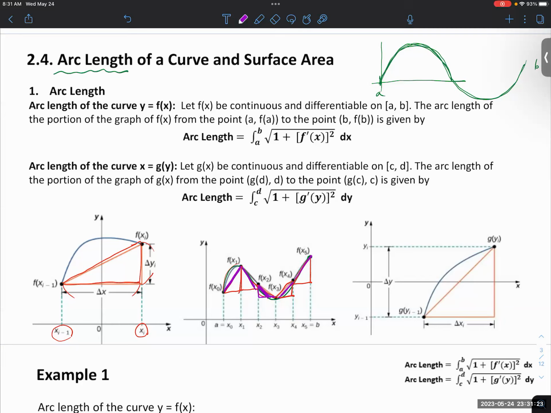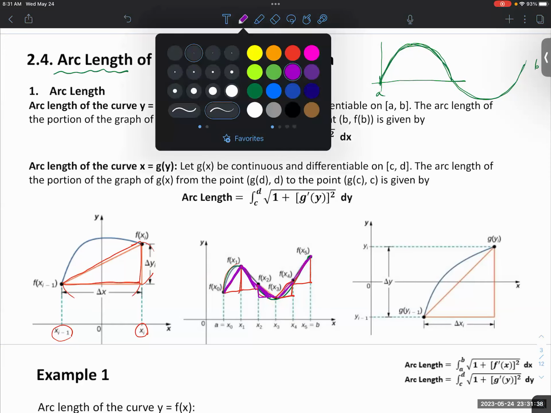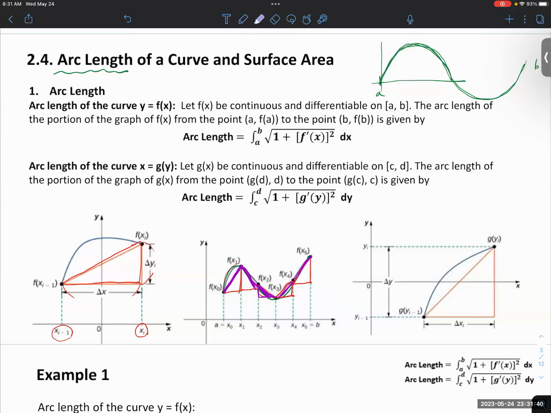So if we add all the summation, if you add all the infinite number of hypotenuses under that curve, you can approximately estimate the curve that we are looking for. Does it make sense to you? This is from the Riemann sum.